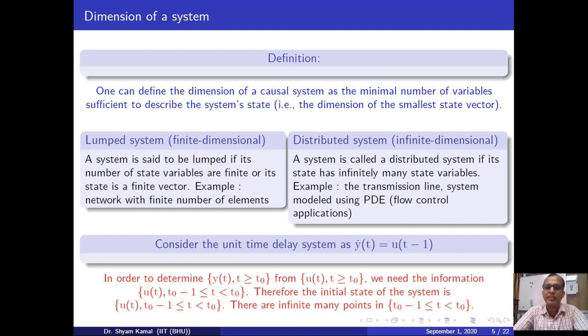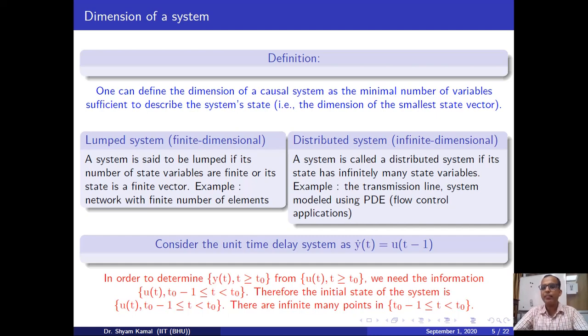For that purpose I have taken this very simple example. This is an example of first order: y dot equals u(t minus 1). So in order to predict the future for all t greater than or equal to t0, I need information from t equal to t0 minus 1 to t0.